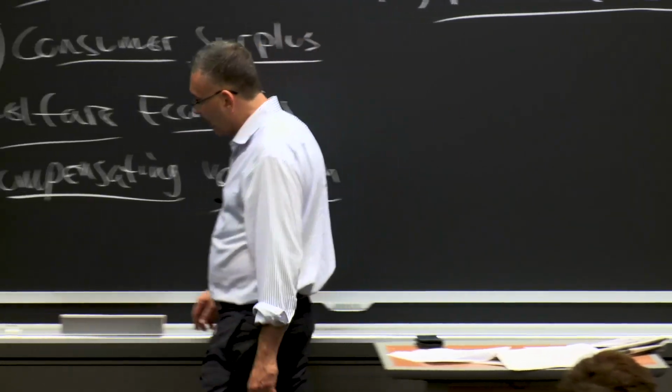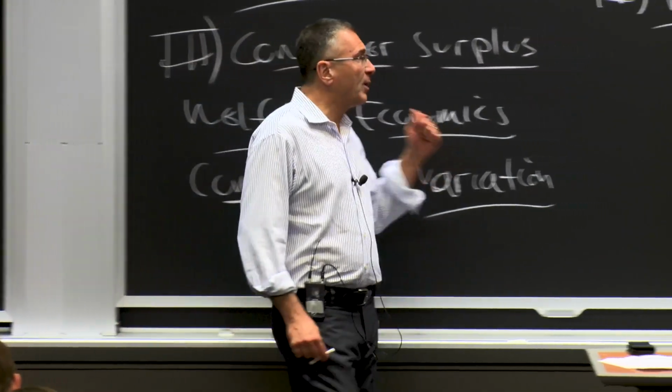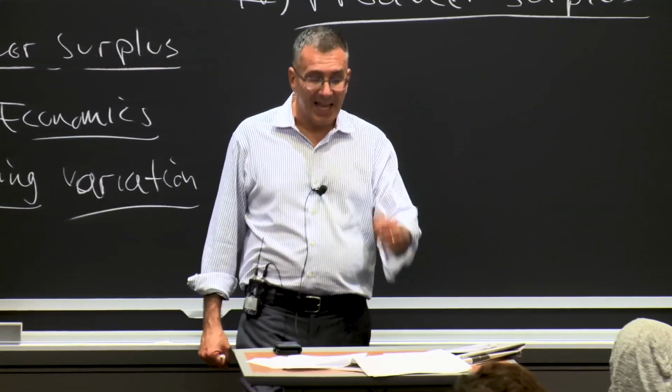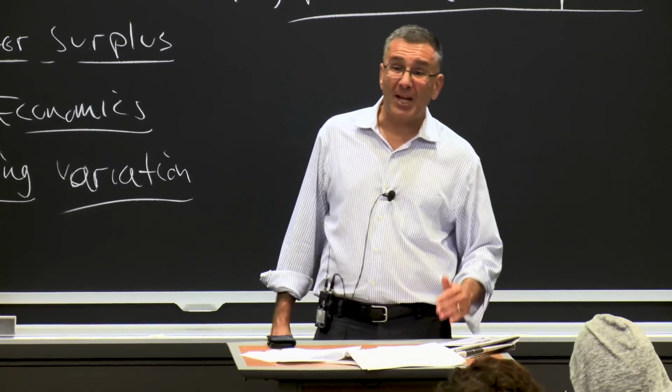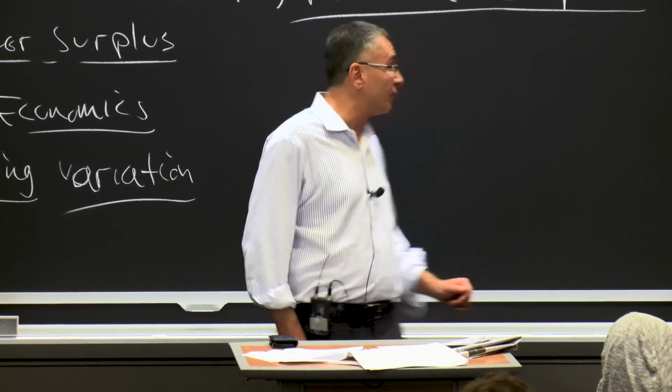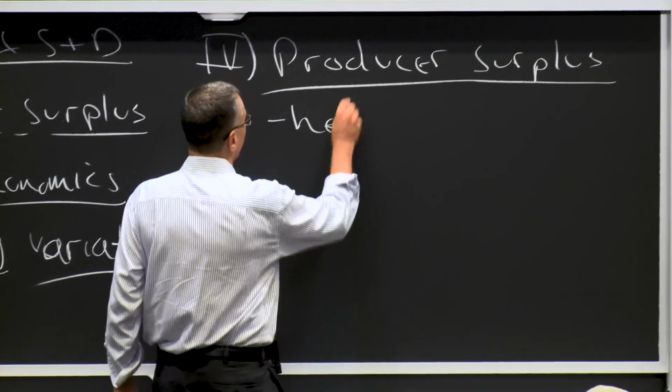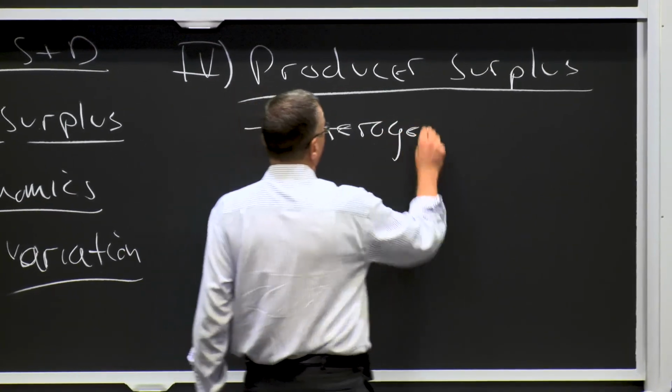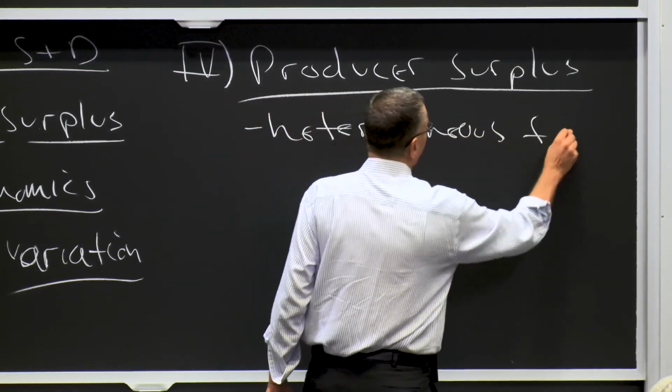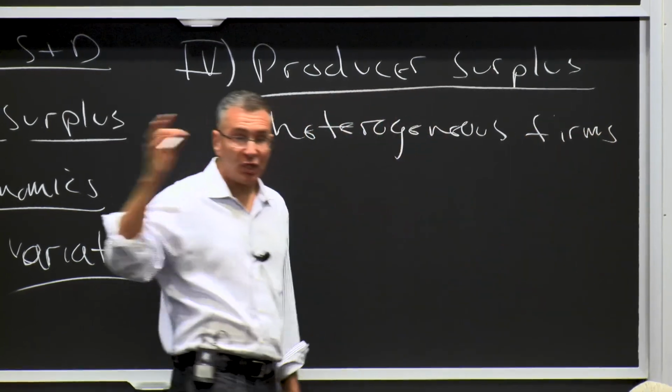Okay, let me cover one last point going back to last lecture, because I didn't have time to get to it then. Remember, we talked about 3 reasons why, in the long run, even in a competitive market, supply can slope up. We talked about heterogeneous firms, that is, firms with different levels of efficiency of production.